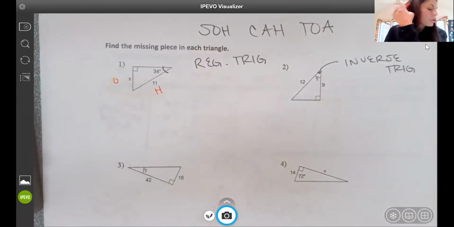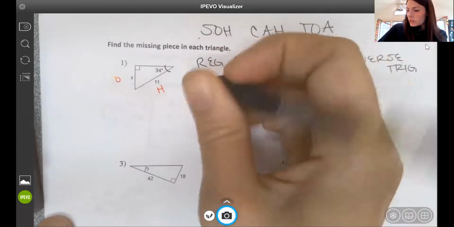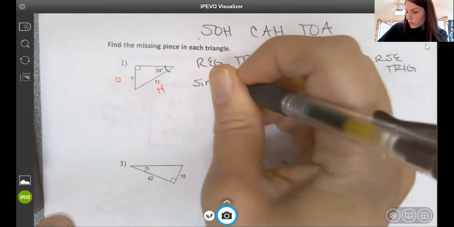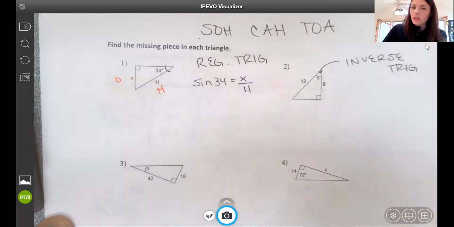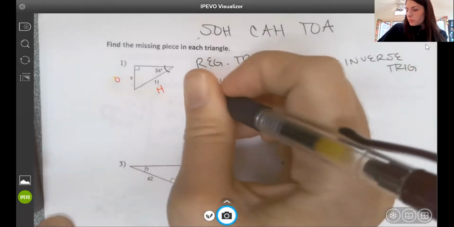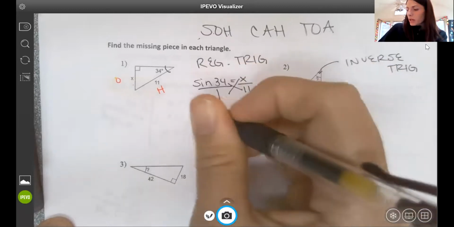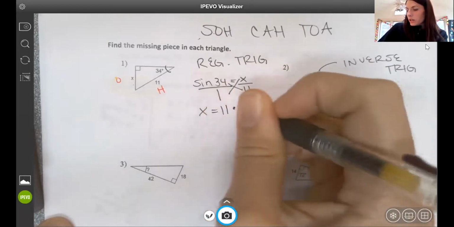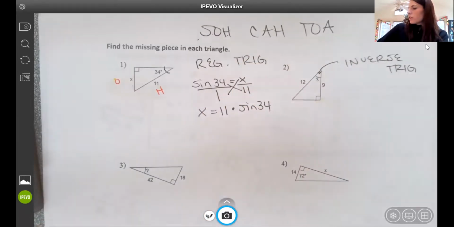Sine, cosine, or tangent? Sine, yeah, opposite hypotenuse, I want sine. So the sine of 34 equals x over 11. This is what we did for our warm-up. Cross multiply, x equals 11 times the sine of 34.